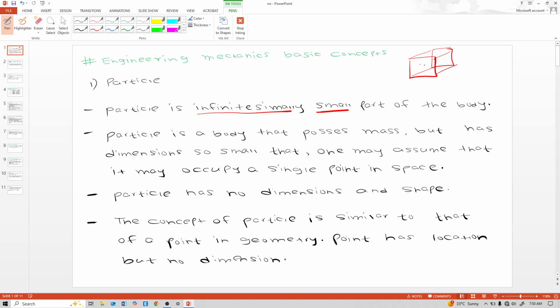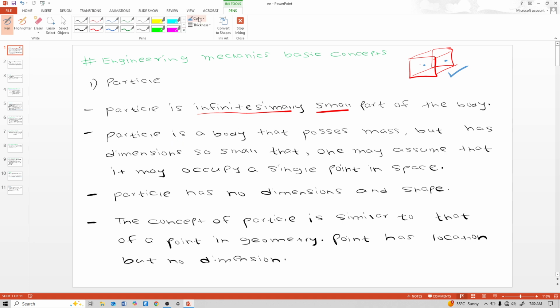This is one point in that body. So that is a particle. This point is a particle. It should be infinitely small. So this body is made up of infinite particles and this one is a particle.